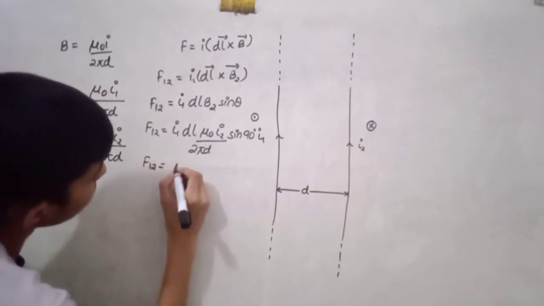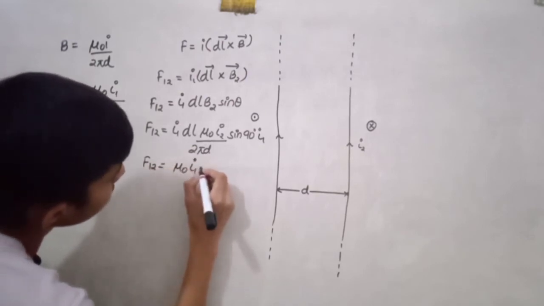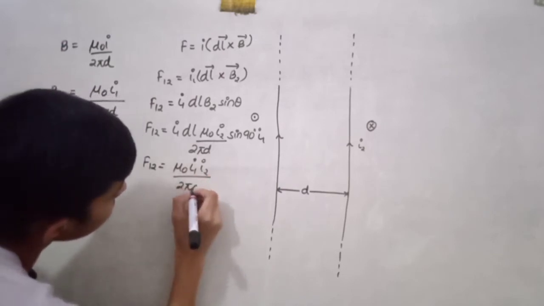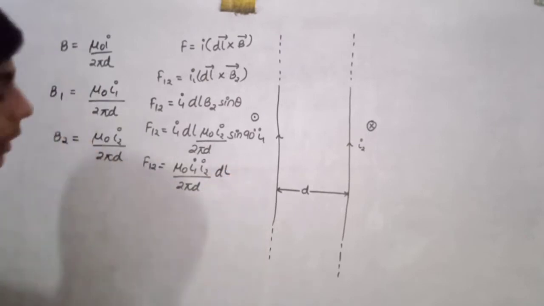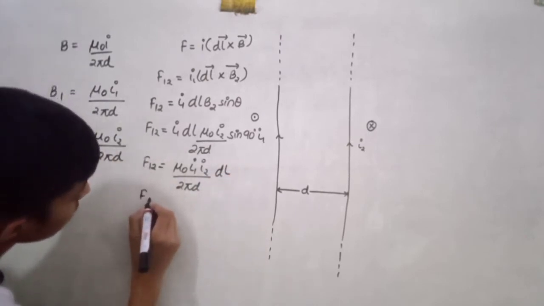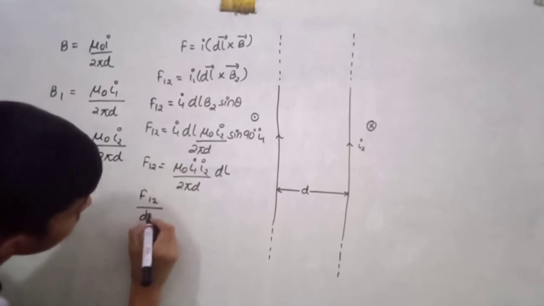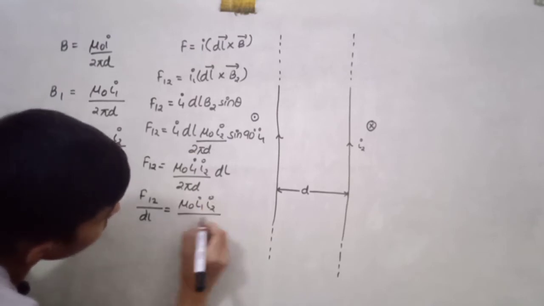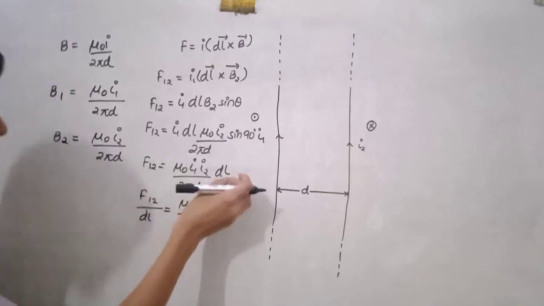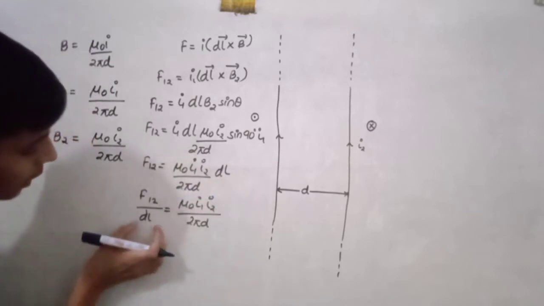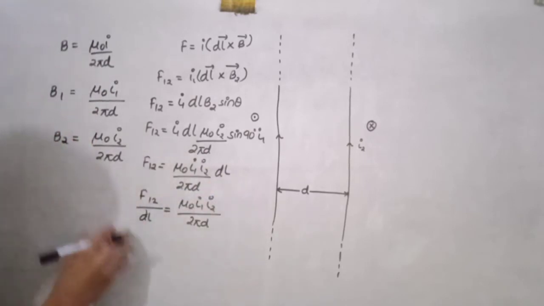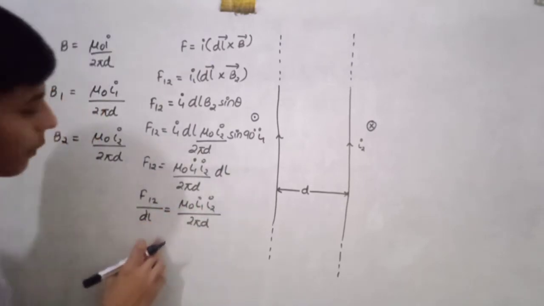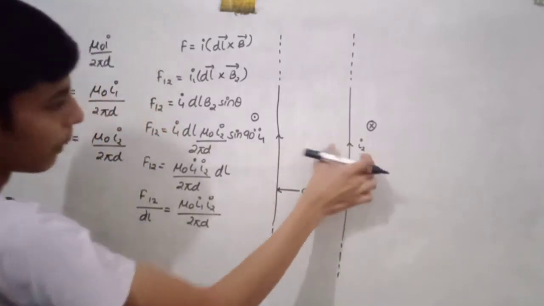Then we can write mu naught I1 I2 divided by 2 pi d into dl. Then I bring dl to the denominator, so force per unit length equals mu naught I1 I2 divided by 2 pi d. So this is the force which is exerted on wire 1 by wire 2.